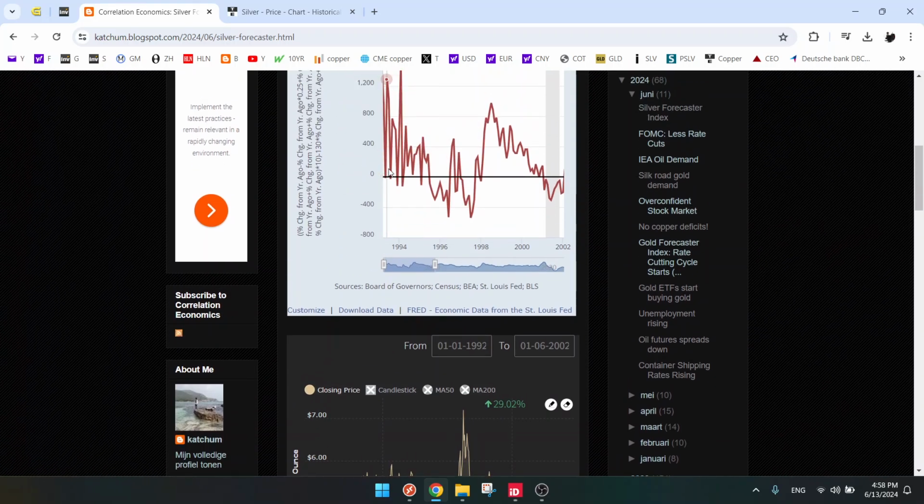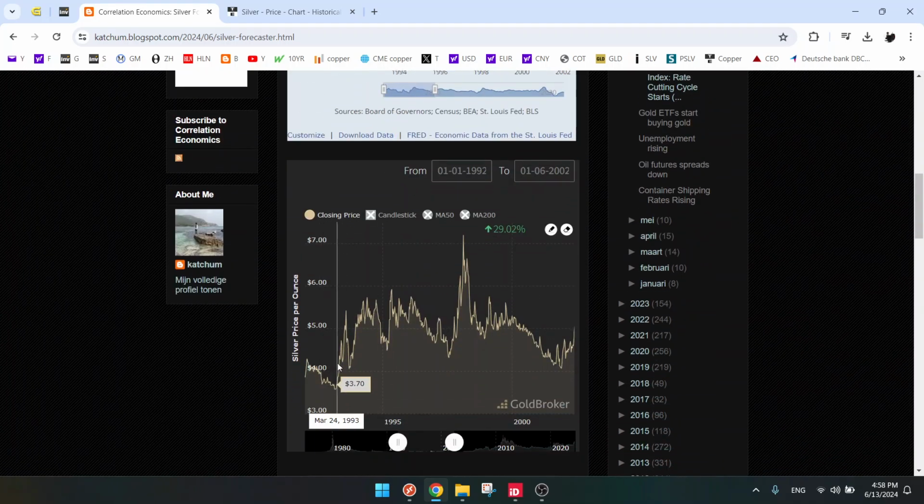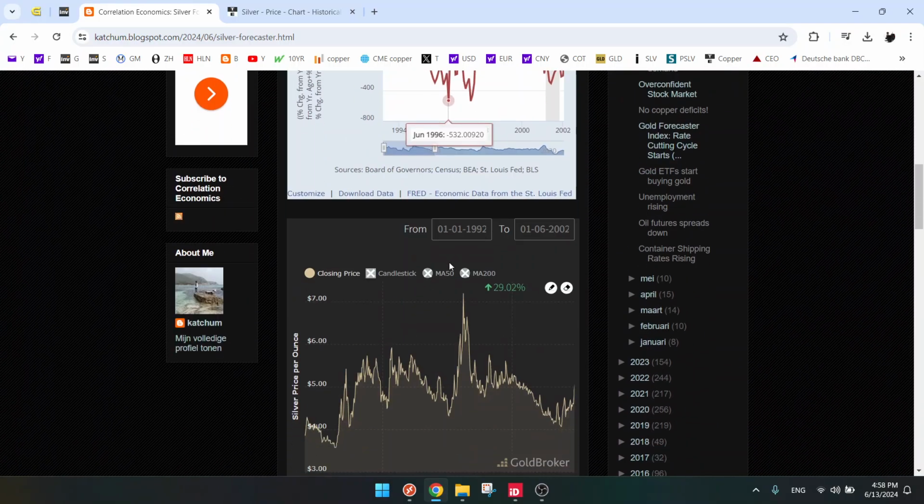Okay, so the silver forecaster index was positive up until 1995, so 1993 to 1995. 1993 to 1995, silver went up, right? Because we were in the plus.